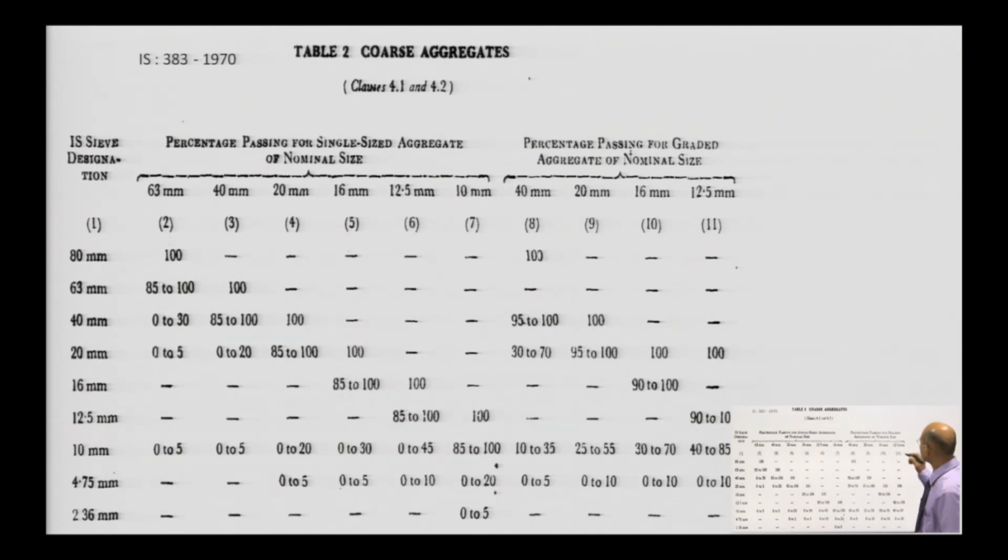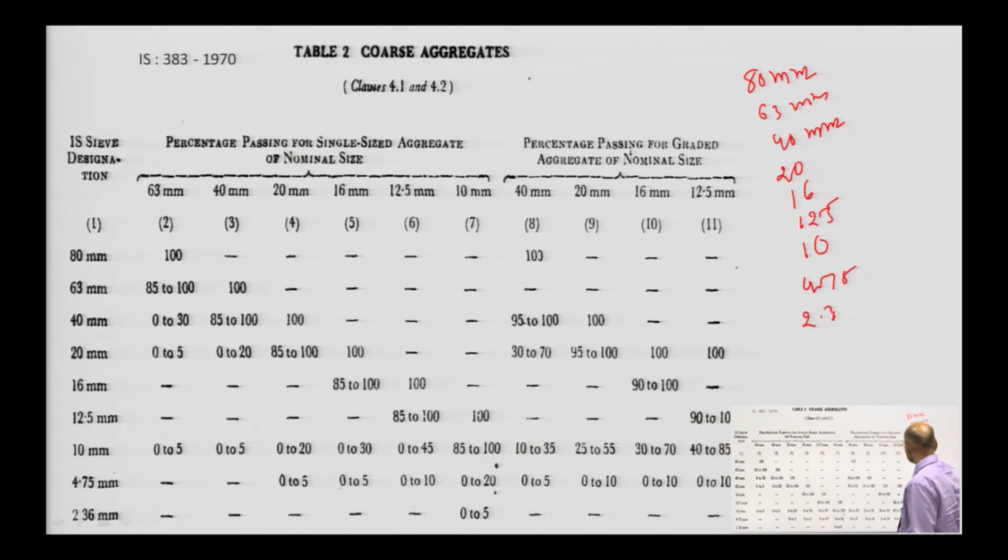So, we have sieve sizes of 80 mm, 63 mm, 40 mm, 20 mm, 16 mm, 12.5 mm, 10 mm, 4.75 mm, 2.36 mm.